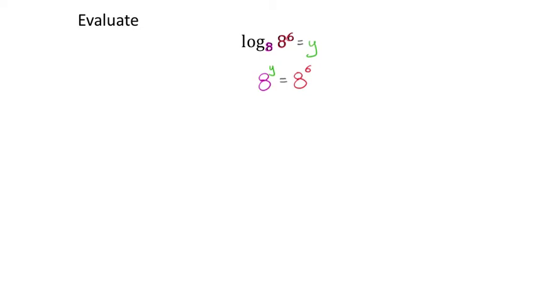We have a base and an exponent equals another base and an exponent. If the bases match like we see here, then we can simply compare the exponents. It's kind of like a principle of equality here. I'm going to ignore the bases, and I'm going to rewrite this equation with just the exponents.